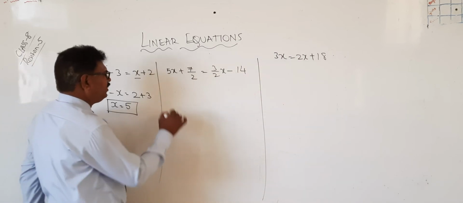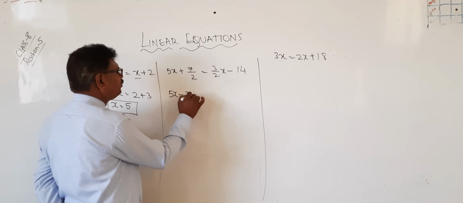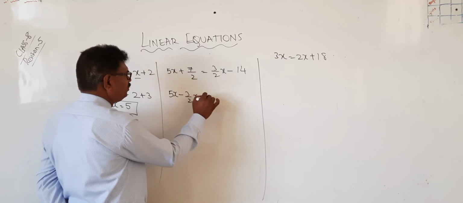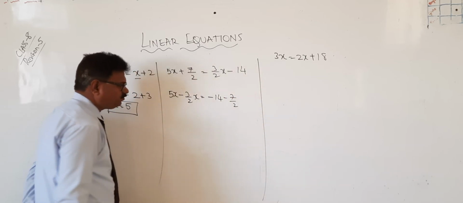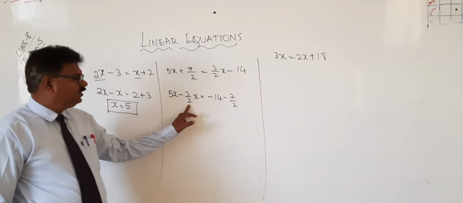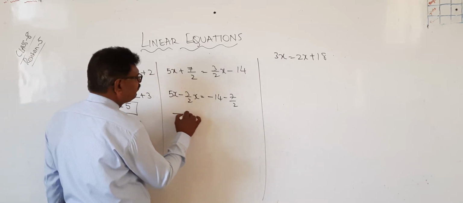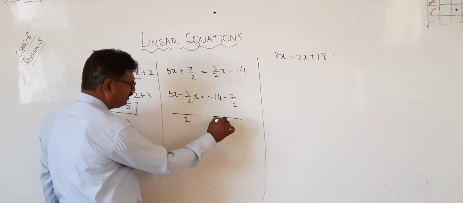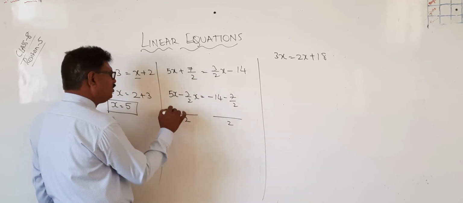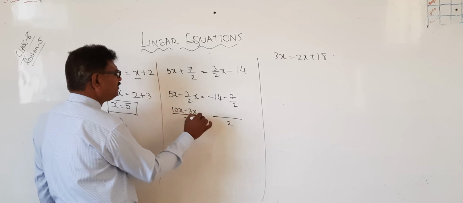Next problem like this only. 5x minus 3 by 2x is equal to minus 14 minus 7 by 2. Here also 2 is there, here also 2 is there. Therefore, taking LCM 2 only. So what happened? 2 5s are 10x minus 3x.